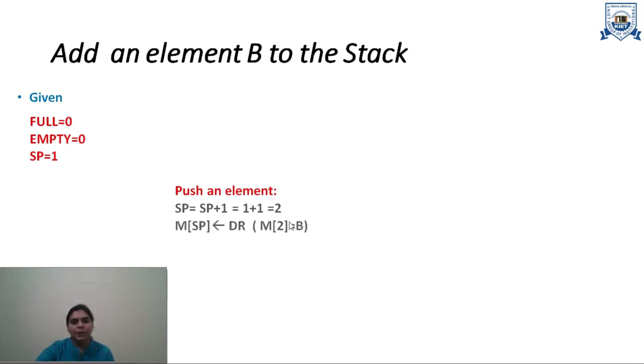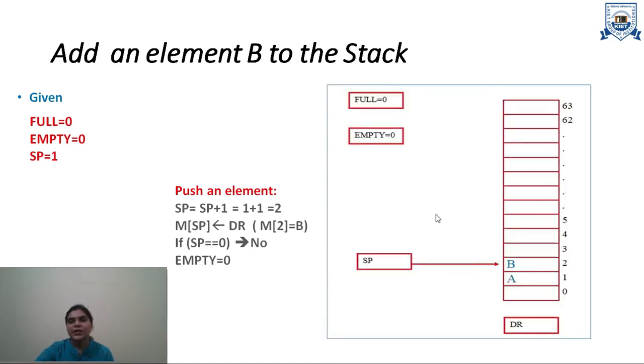Now, we will copy element B at address 2. We will check the full condition. Whether SP is pointing to 0? No, it is pointing to address 2. So, this condition will fail. We will make empty equals to 0. As you can see in this figure, B has been written at address 2.